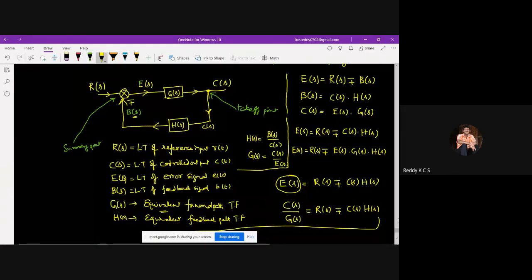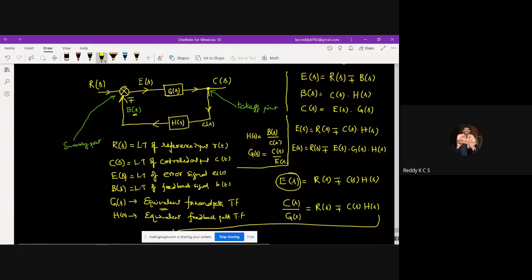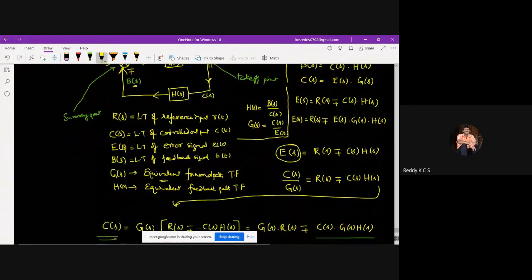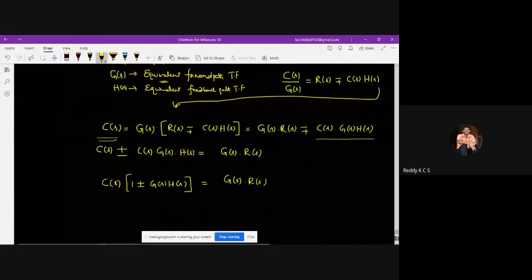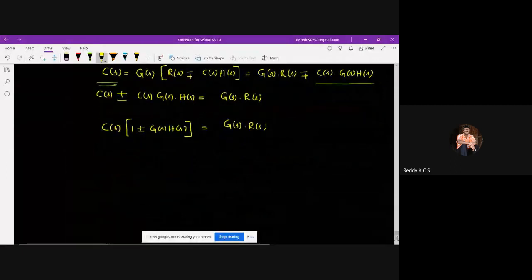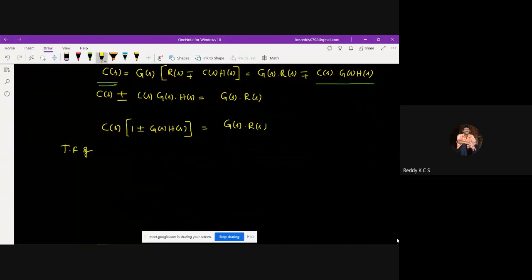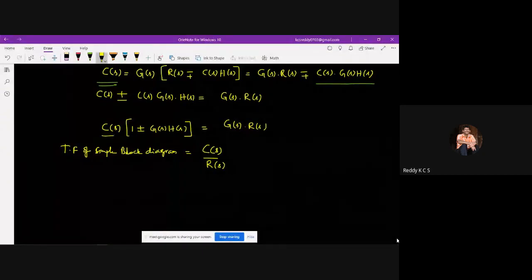So I can write the equation of the transfer function of the simple block diagram as C of s by R of s. From the equation, C of s is here and R of s is here.